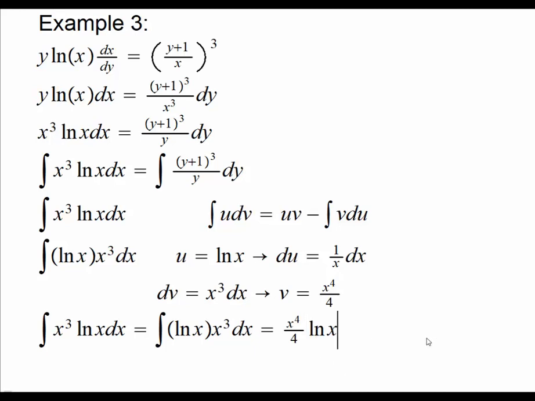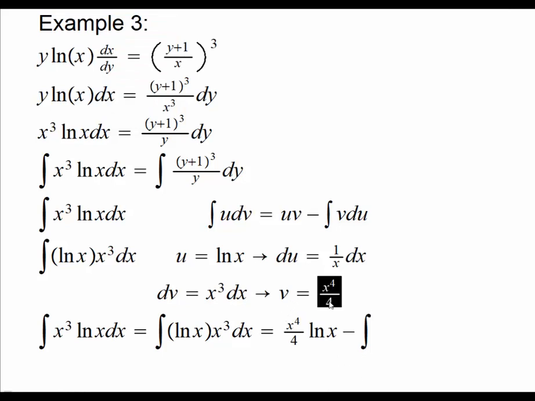Hope that you are not finding it confusing. All right, and then let me put the integral sign here, then I will have v du. So v is right here, and du is what? We just had our homework done here, that is 1 over x dx.